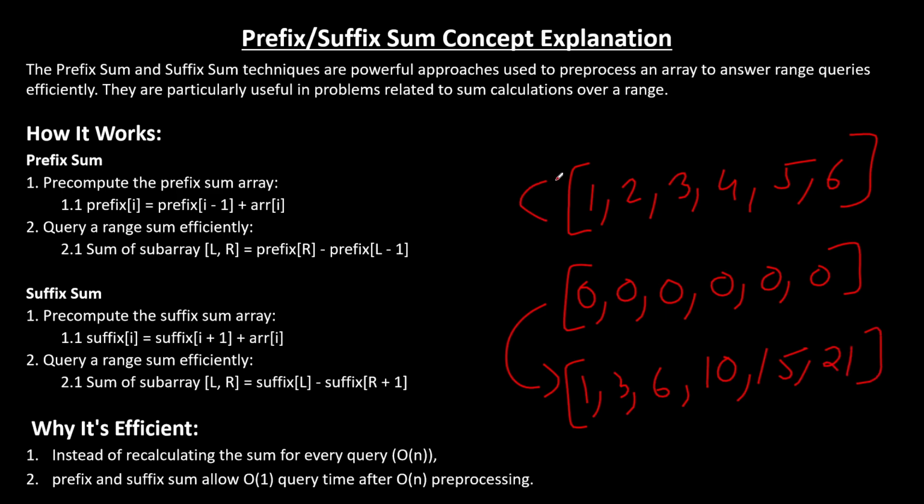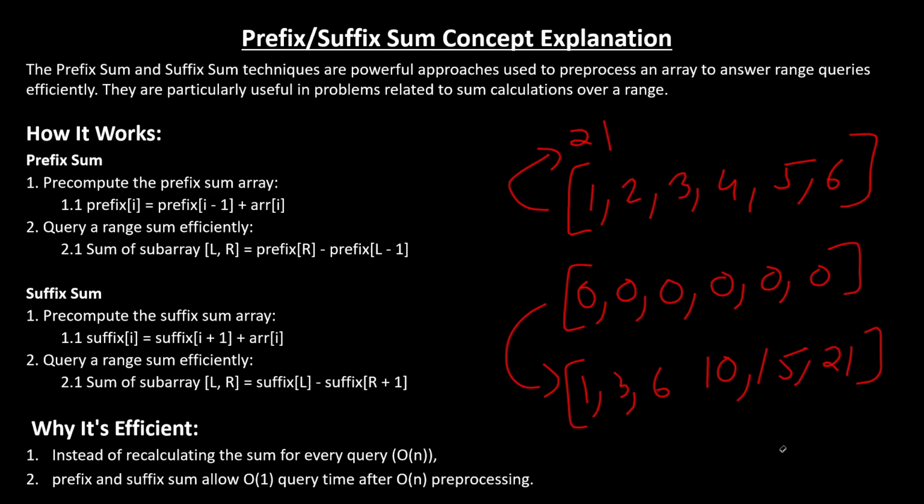And also, if you see the summation of this array, it is 21. Now this also indicates one more thing: we don't have to iterate again and again to find what could be the sum from index 0 to, suppose, index 3 or from index 0 to index 6. That is what helps us in the prefix array.